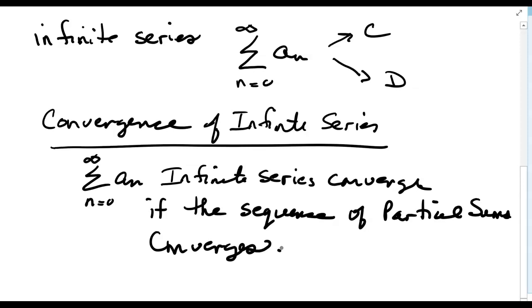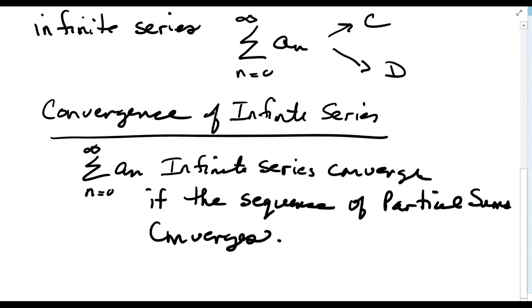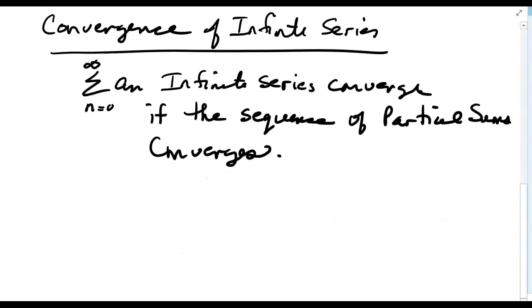So if the sequence of partial sums converges, then the series converges. I think the best way to talk about these partial sums is to do it with a rather simple series, but it kind of makes sense.